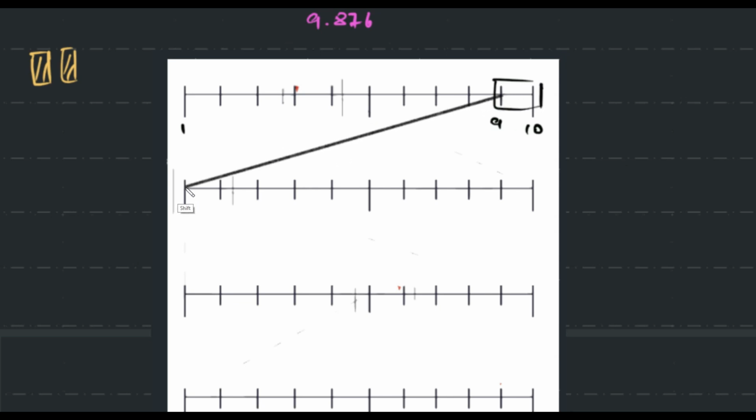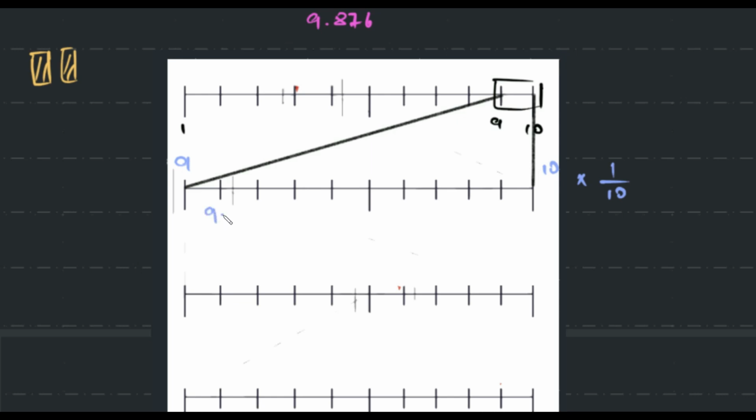So let's zoom in. First we'll start off with that. Basically this is 9 and this is 10. And herein we'll divide into 1/10.